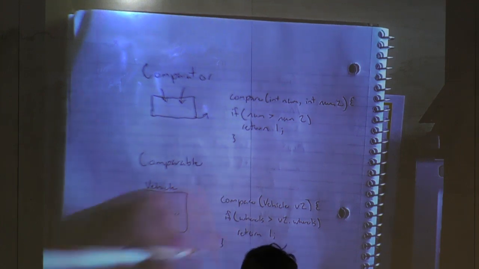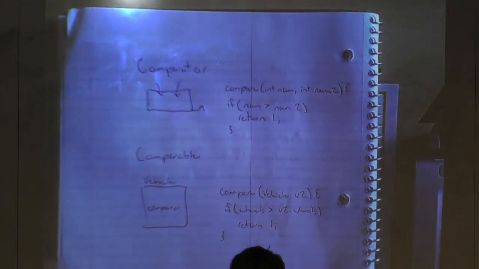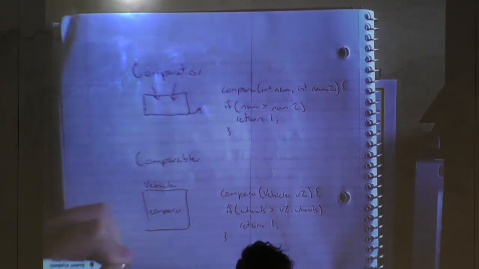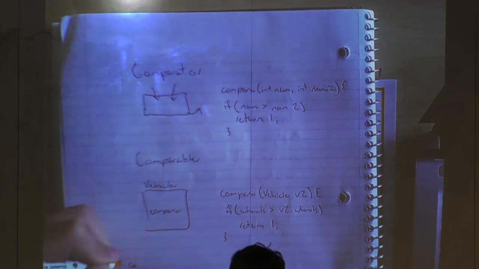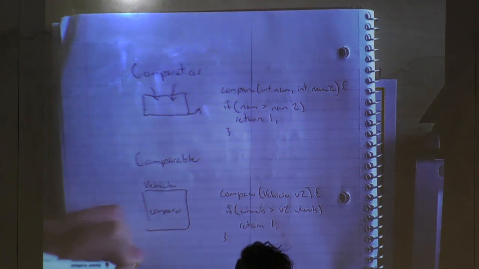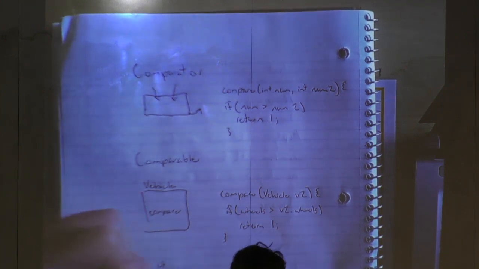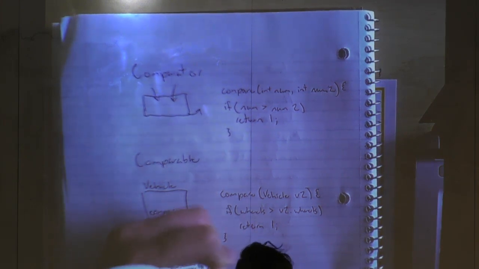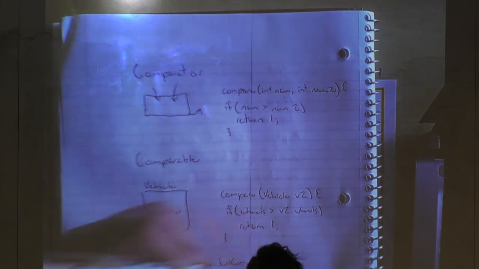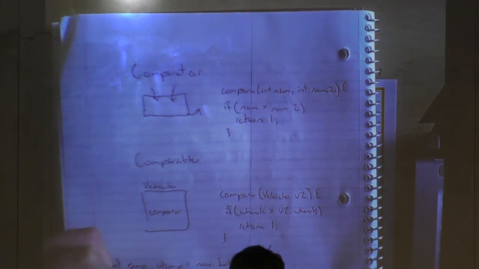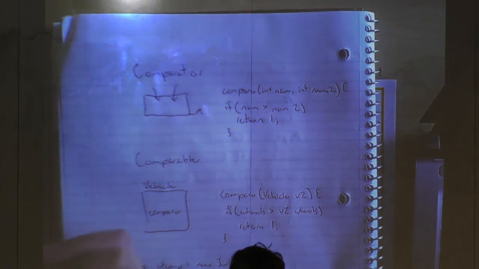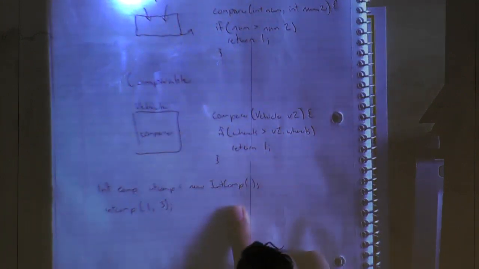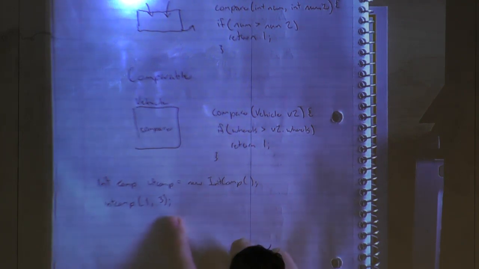So just on a bigger scale, the difference between these two is that for a comparator, I guess I'll call this type, you would be instantiating a separate object that serves only the purpose of making the comparison.